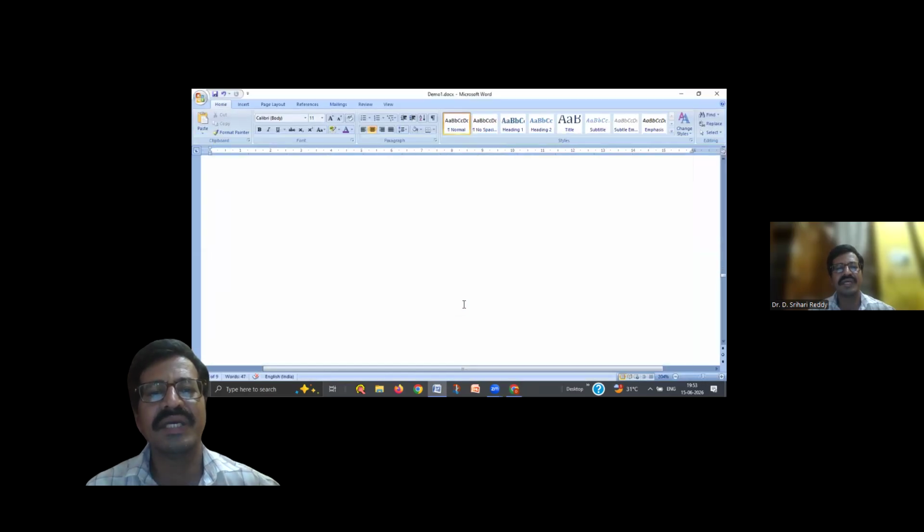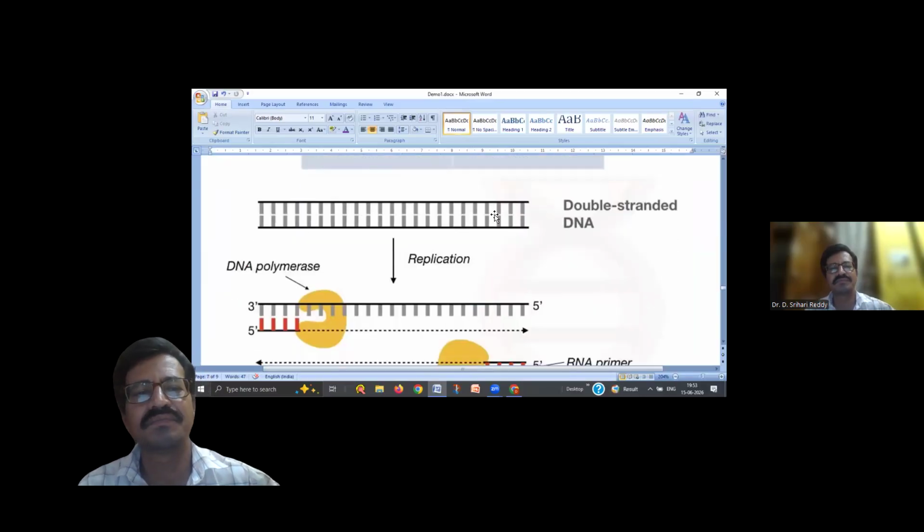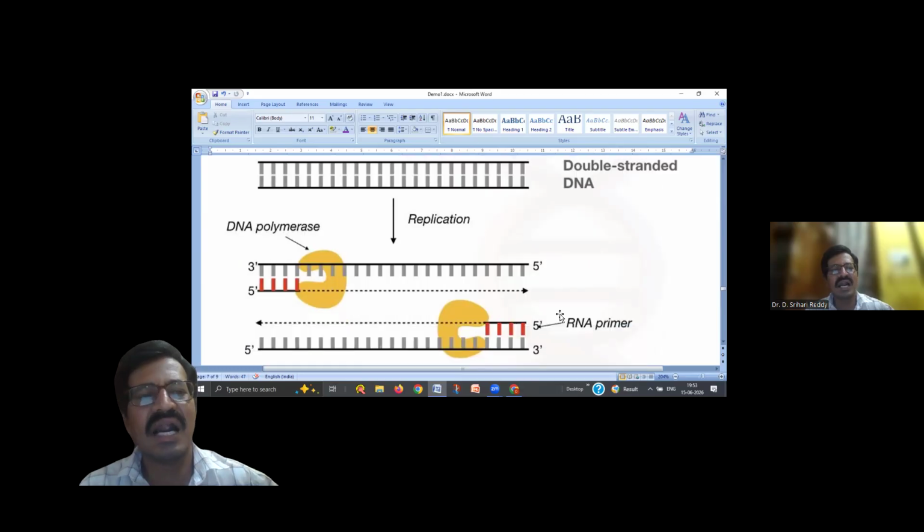You see here, DNA is double stranded, and both the DNA strands separate from each other during the replication. DNA polymerase is required for the replication, and for the replication, a primer is also required. See, this is the template of the DNA, 3' to 5'.